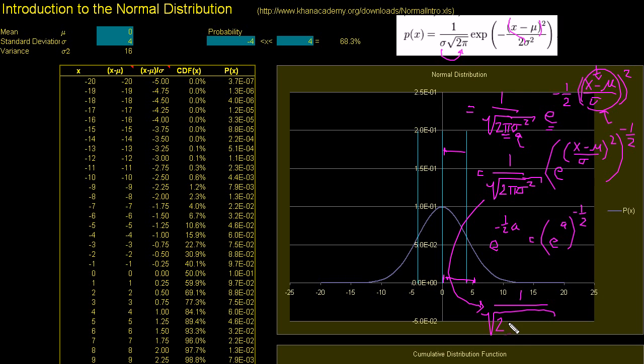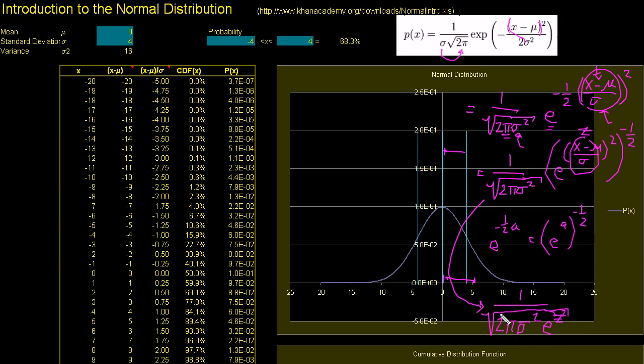So we could just rewrite this over here as 1 over the square root of 2 pi times the variance times e to essentially our z-score squared, right? If we say z is this thing in here, z is how many standard deviations we are from the mean, z-score squared.